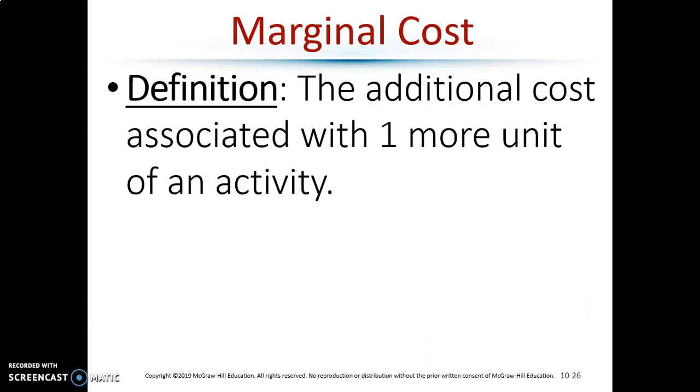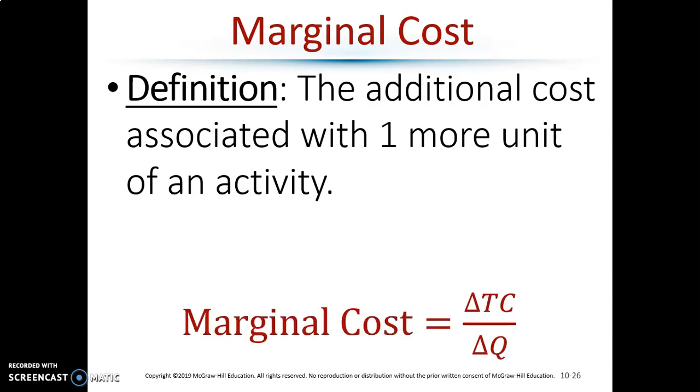Your total cost is going to rise by however much it does. That difference between the two total costs is going to be your marginal cost, and that shows up here in the equation for marginal cost. Our good old friend, the Greek letter delta here, the change in total cost, which is just the new total cost if you make that decision, minus the current total cost.